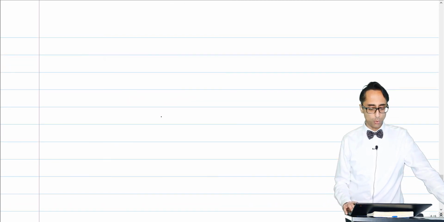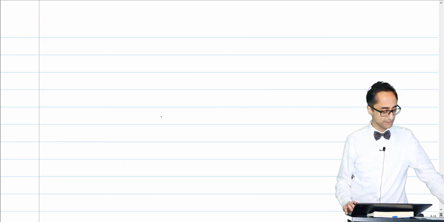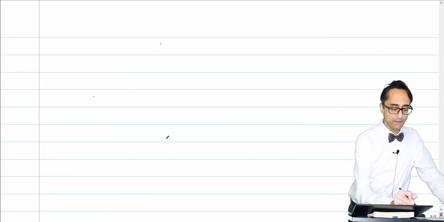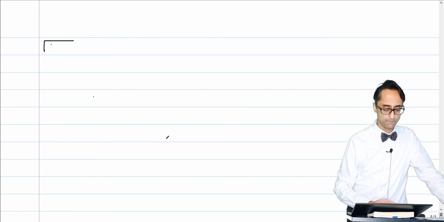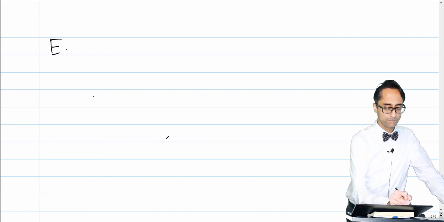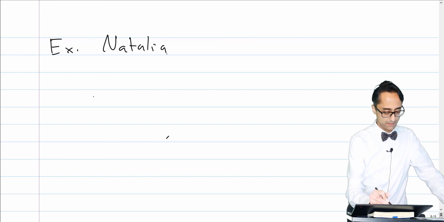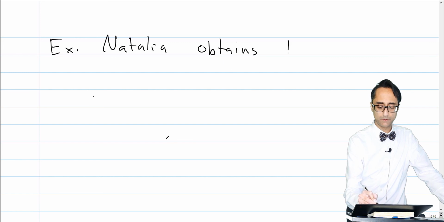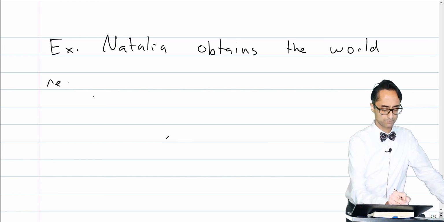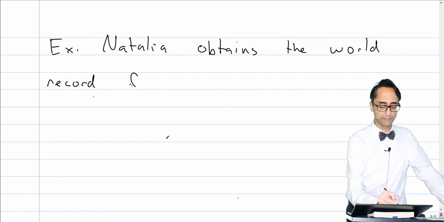And so let's do a quick example of this with Natalia from the video. Let's say that Natalia obtains the world record for speed figure skating spinning, if that's a thing, for speed spinning.